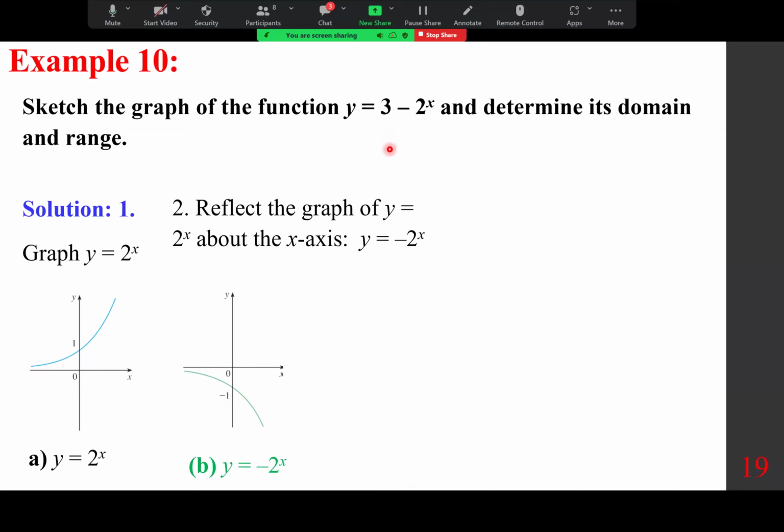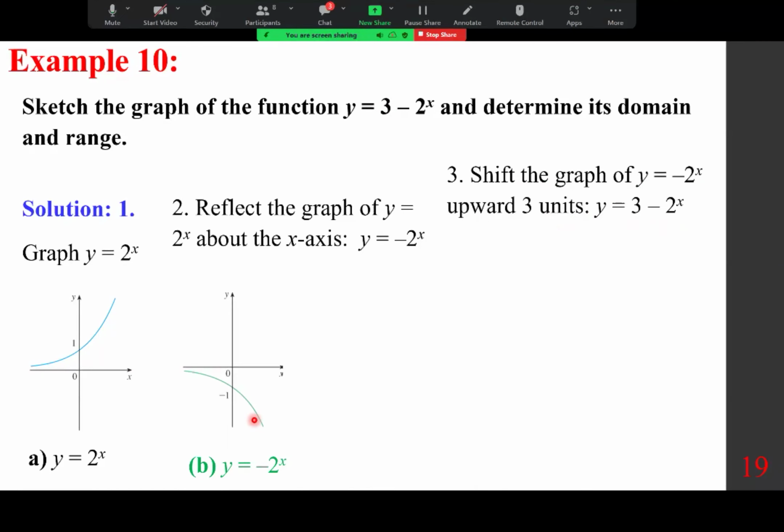Now we apply the 3, that means bring it up 3 units. So shift the graph of y equals minus 2 to the power of x upward 3 units, looking like this. So what is the domain? All of them the same, all real numbers from negative to positive infinity. But what about the range?